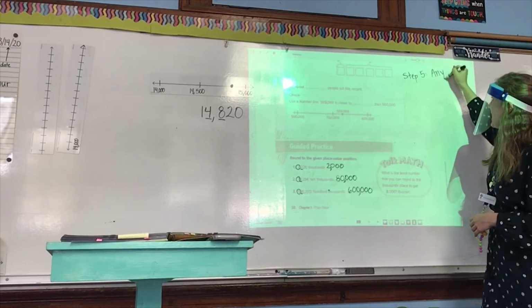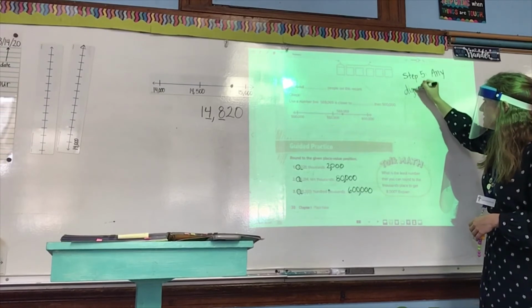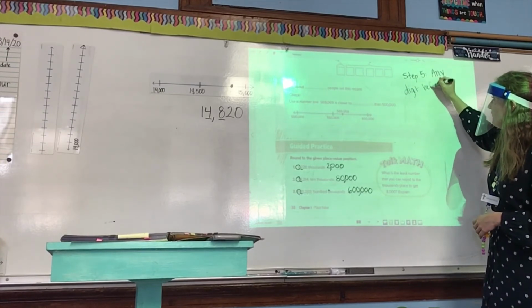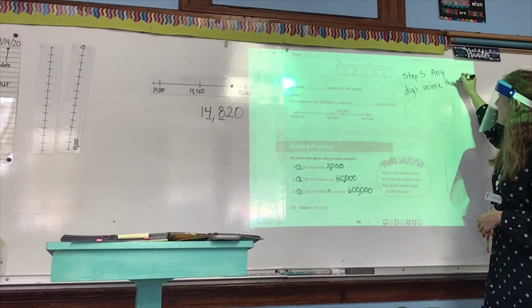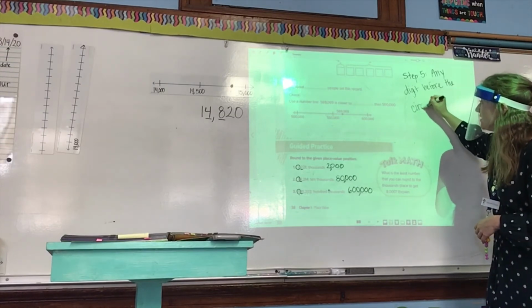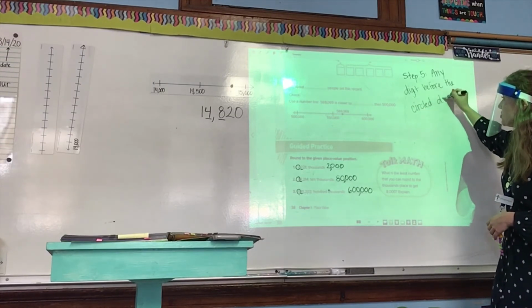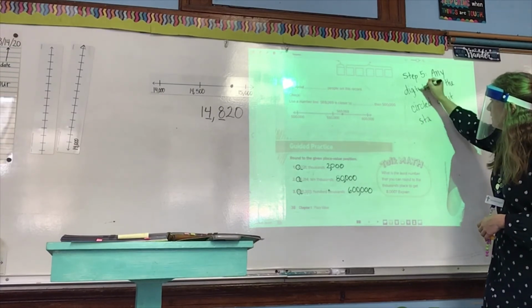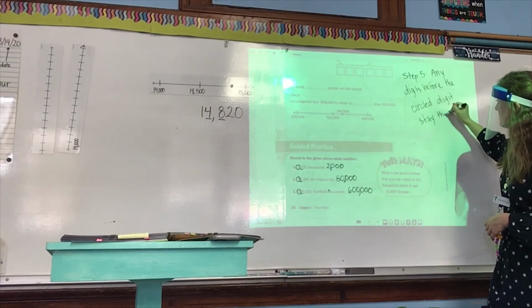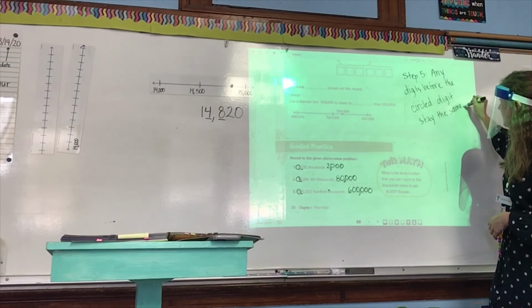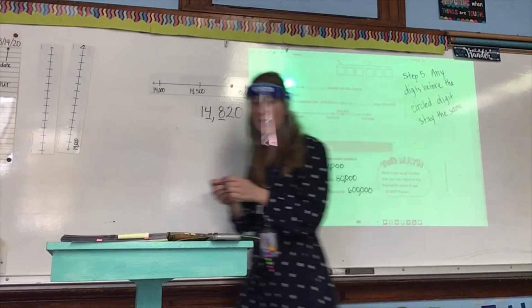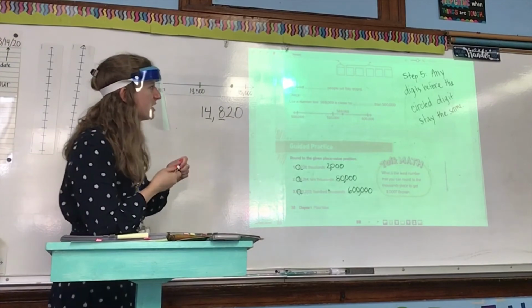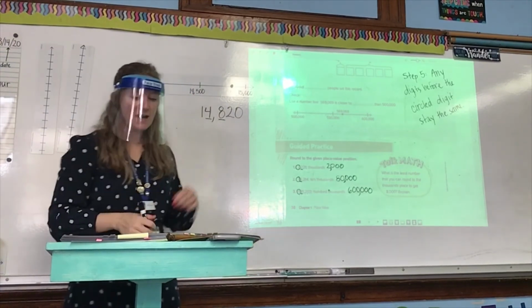It says any digit before the circled digit stays the same. So Zari, fix that because it doesn't have to do with the underlined digit, it has to do with the circled digit. So Zari, read step 5 again.